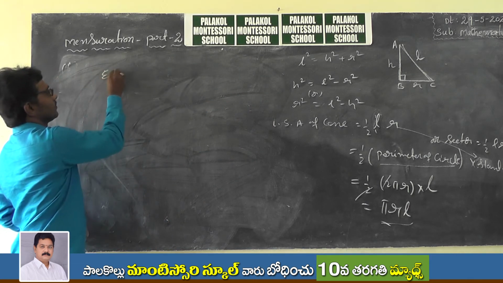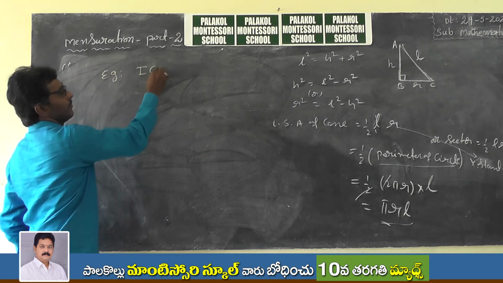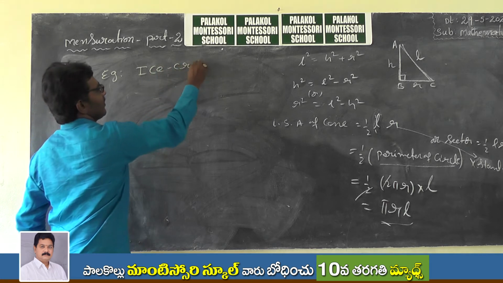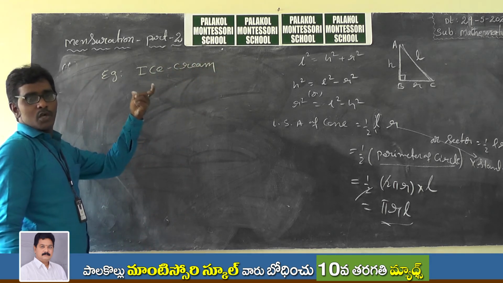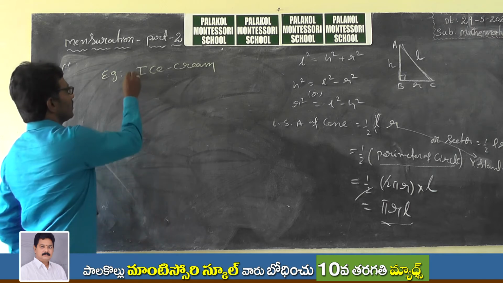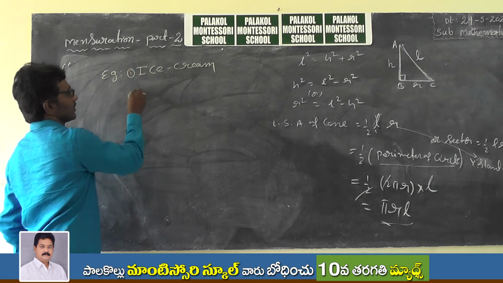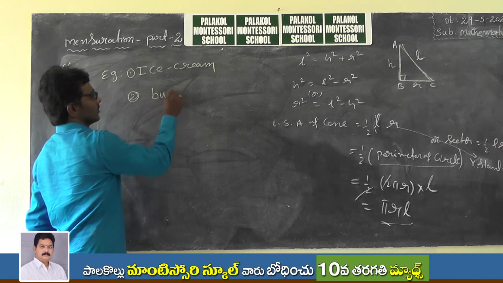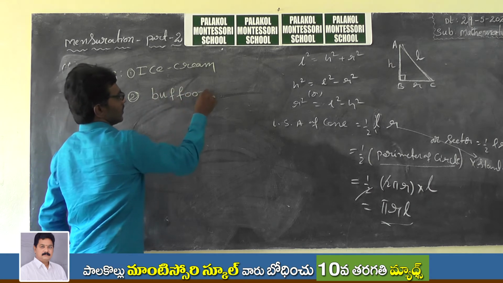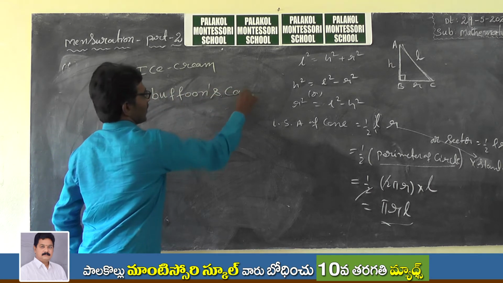Example 1, ice cream. Ice cream is a cone model. Next one, Buffon's cap.